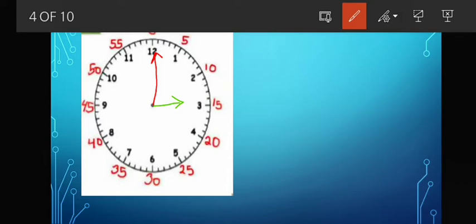What is the time now? When the hour hand is at 3 and the minute hand is at 12. So what is the time now? 3 o'clock. 3 o'clock.